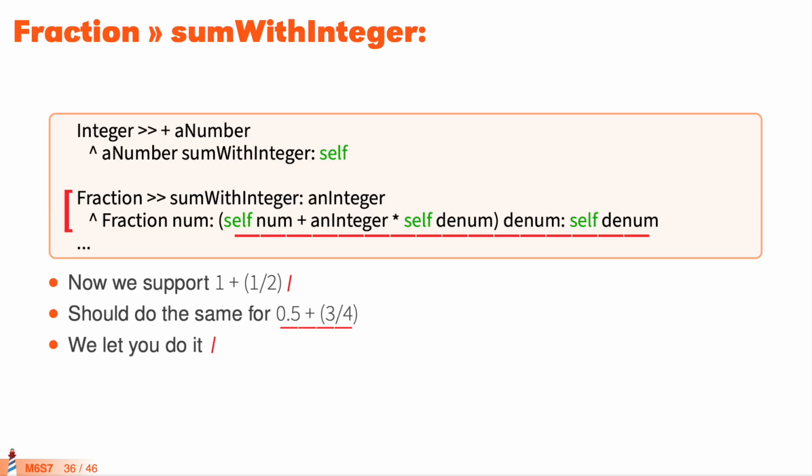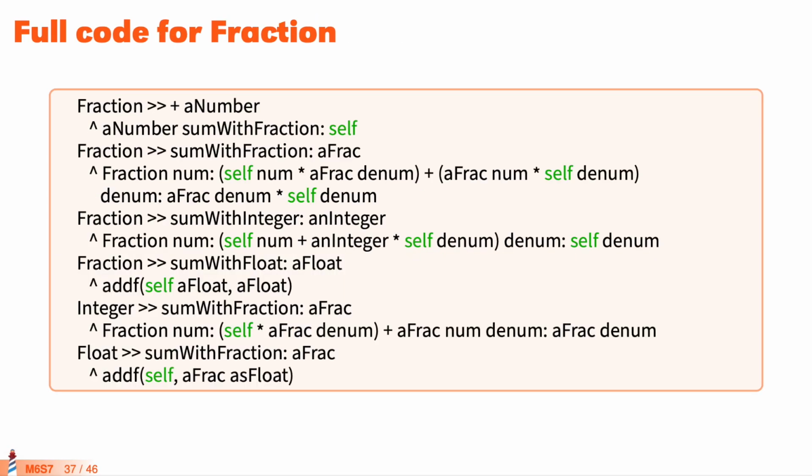Now I just want to show you the complete code. Here is the complete code for the integration and the management of fraction. All these methods: you have 3 methods in the class fraction, 1 method in integer and 1 method in float, plus the plus to support the integration of addition that can manage float, fraction, and integer.